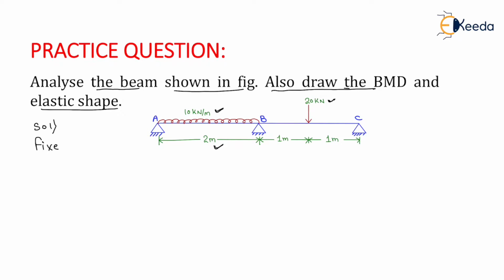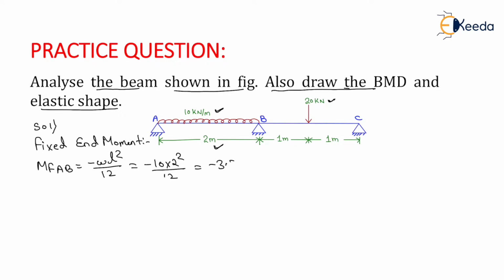Now we know that the fixed end moment of the span which carries a uniformly distributed load is WL square by 12. So the fixed end moment of AB will be equal to minus WL square by 12. On putting the value of W as 10 and L as 2, divided by 12, we will get minus 3.33 kilonewton meter.